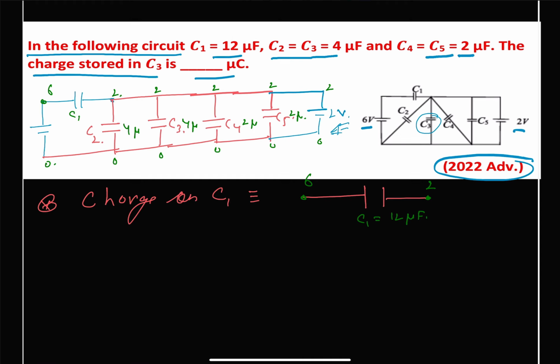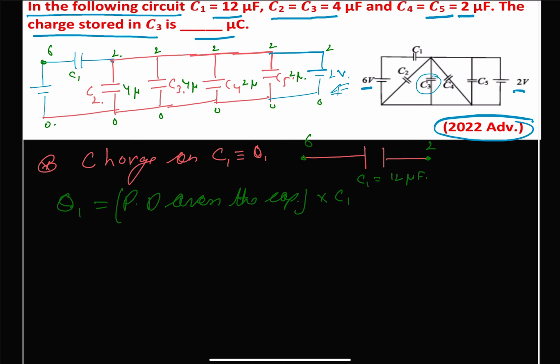So we can say charge on C1, which is, let us suppose, given as Q1, will be equal to potential difference across the capacitor multiplied by its capacitance, that is C1. Potential difference across the capacitor is 6 minus 2. So this comes as 6 minus 2 multiplied by 12, giving us 48 microcoulomb.